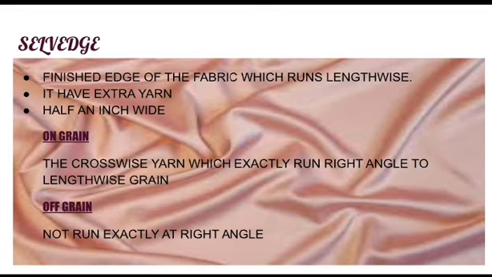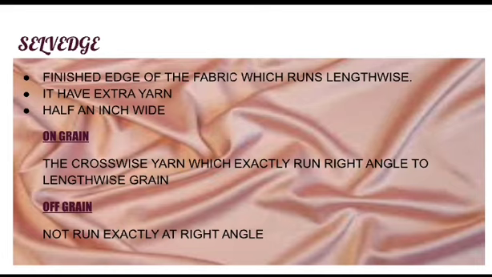Here we are again going to see about grain. I already told you there are two grains: one is lengthwise grain and another one is crosswise grain, right? So what is grain? The grain indicates the direction of the yarns, whether the direction of the yarn is parallel to the selvage or perpendicular to the selvage.